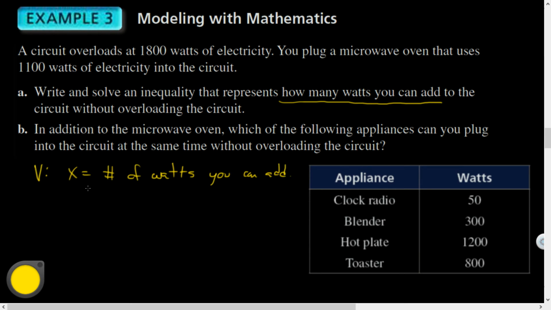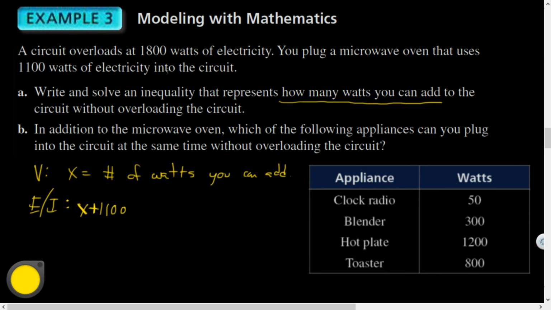Okay. Now my equation, which in this case is an inequality, I know that I've already got 1100 watts in there. And I'm going to add x to it. So I could write 1100 plus x, or I like to write it the other way around. Let's do x plus 1100. That seems like a nice expression.